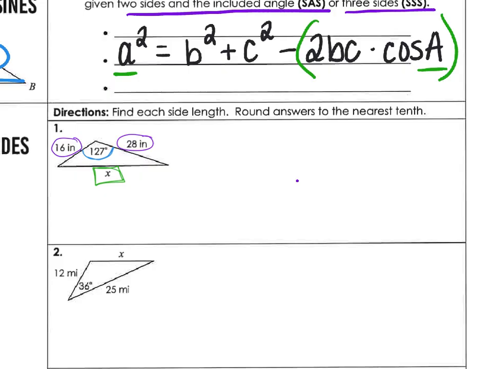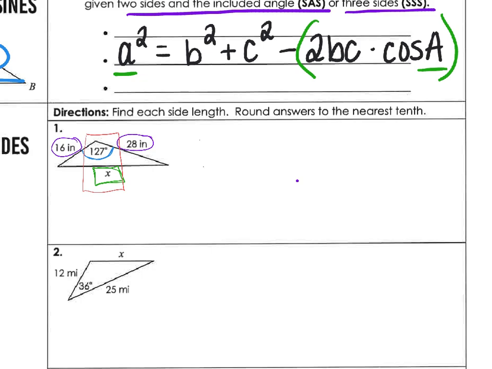Since we're looking for the missing side across from 127, those two are going to be our A and cosine A. These are always our opposing pair, because that's what helps us solve. Then we have the two other sides that we're given. I'll set this up using x because that's what we have in our problem.